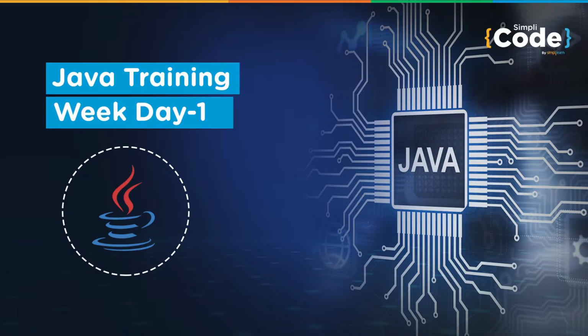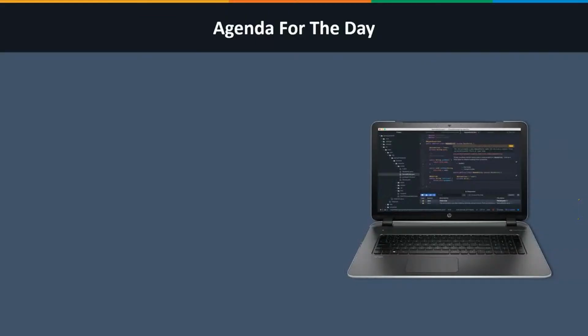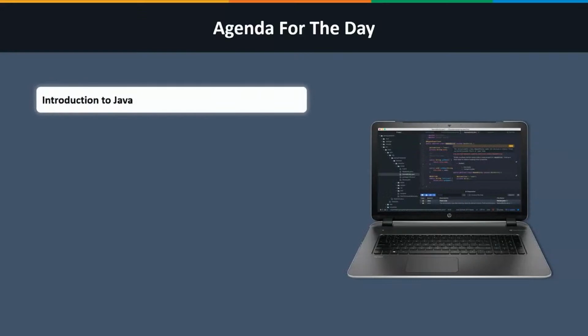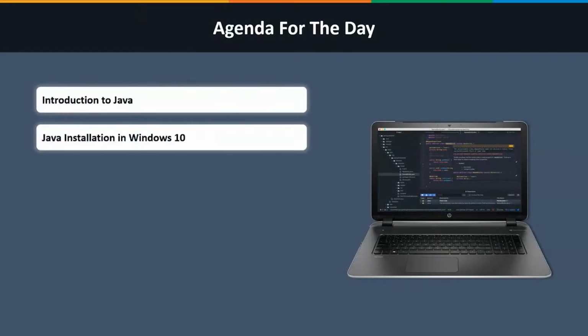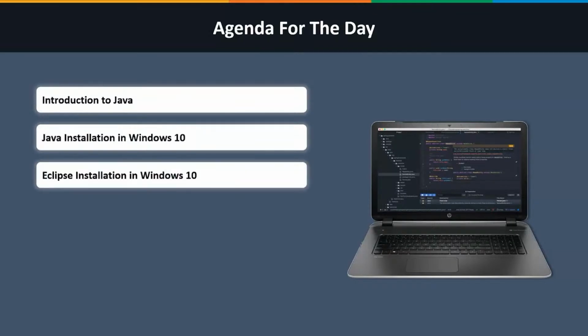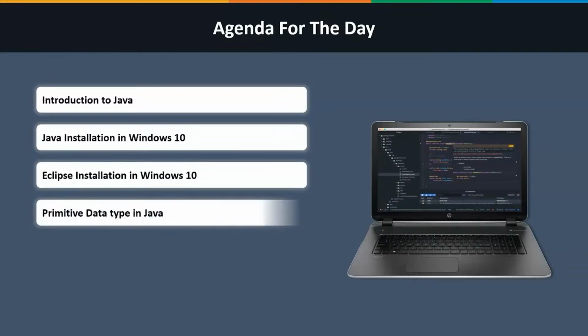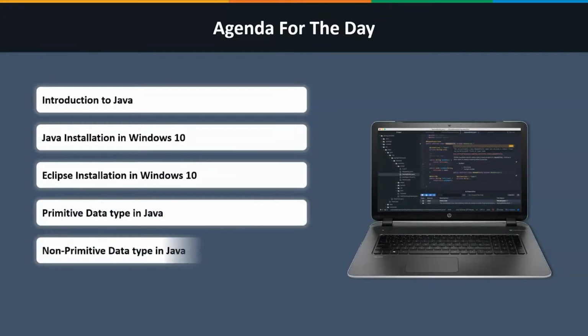Great. I think we can get started now. Let's go through the agenda for today's video. We'll start our day 1 by going through the introduction to Java programming, followed by the installation of Java in Windows 10. Then we'll see how to install Eclipse on Windows 10. Once we are done with the installation part, we'll start with the first programming topic, which is primitive data type in Java, followed by non-primitive data types.